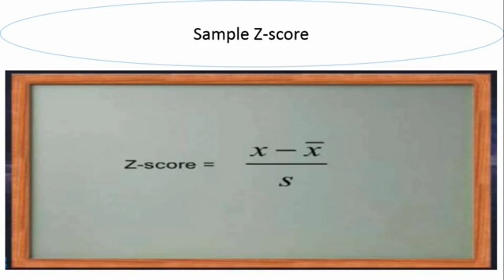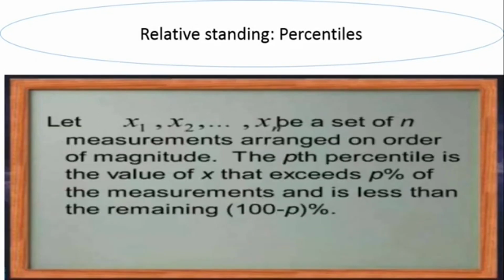That's what we call the Z score of our variable, which measures the distance from the data to the mean in units of standard deviation.